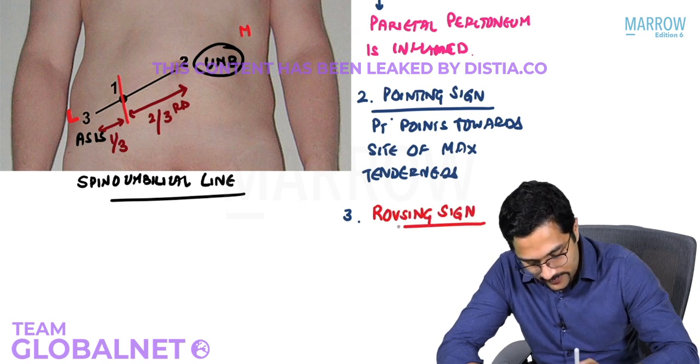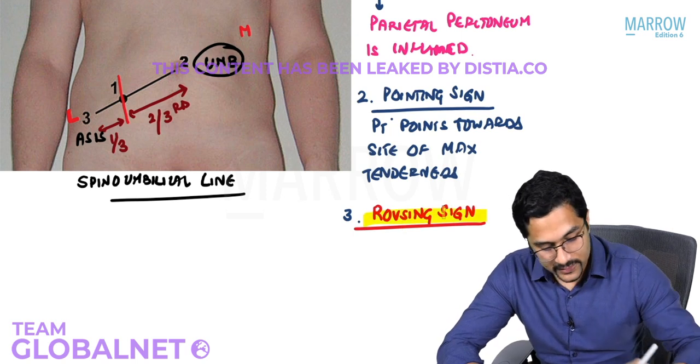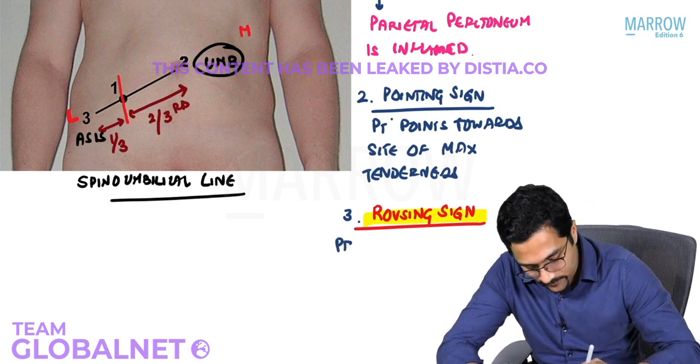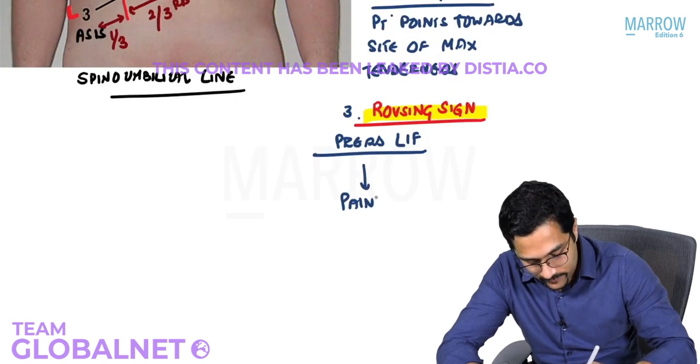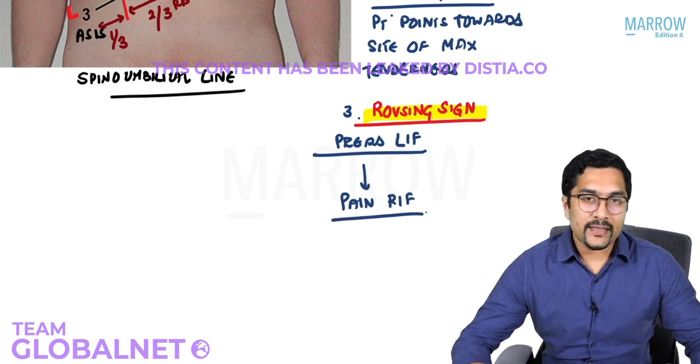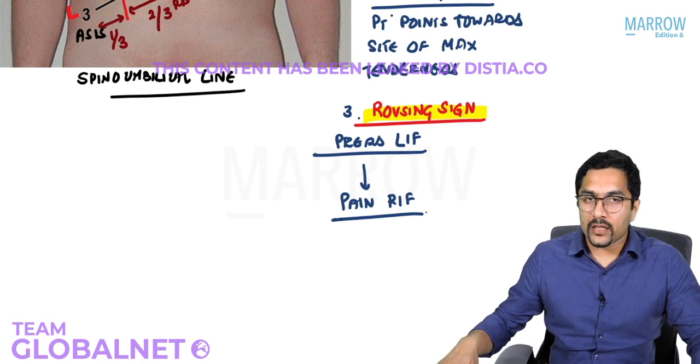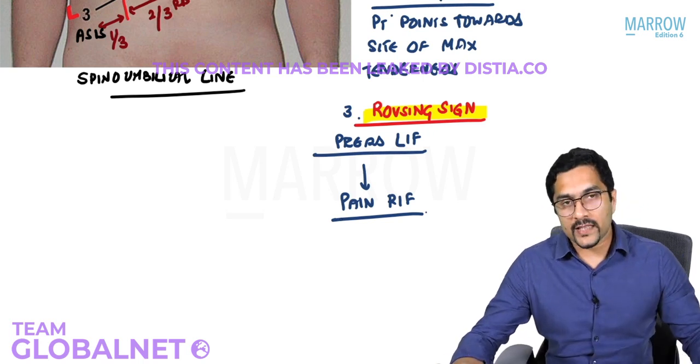Rovsing sign has been asked in the exam. Rovsing sign is when you press the left iliac fossa and there is pain in the right iliac fossa. There are two mechanisms which have been hypothesized for Rovsing sign.